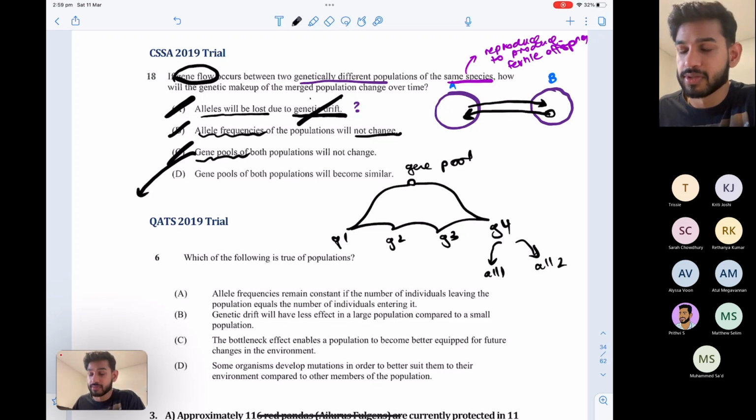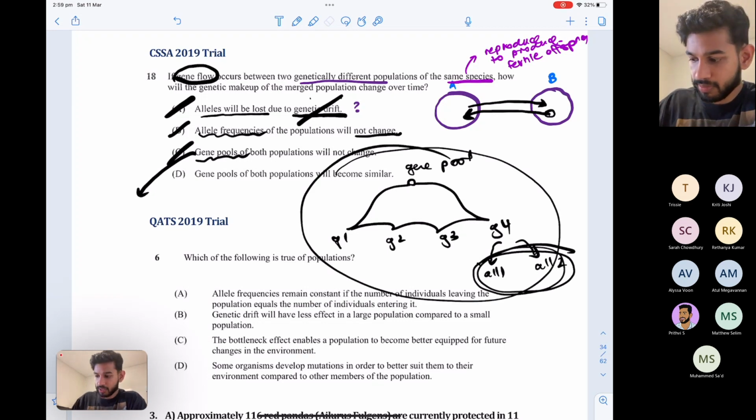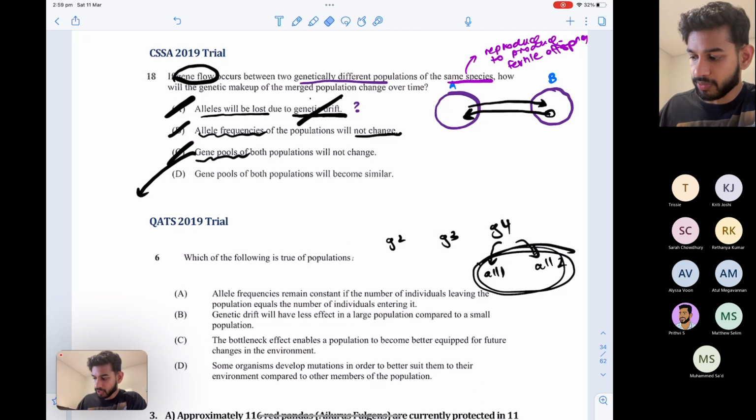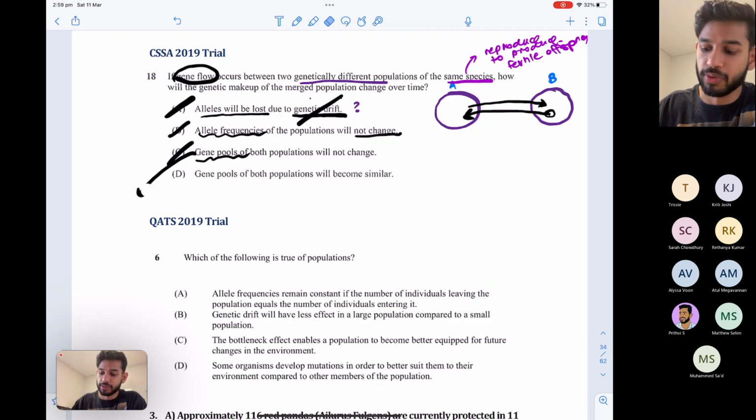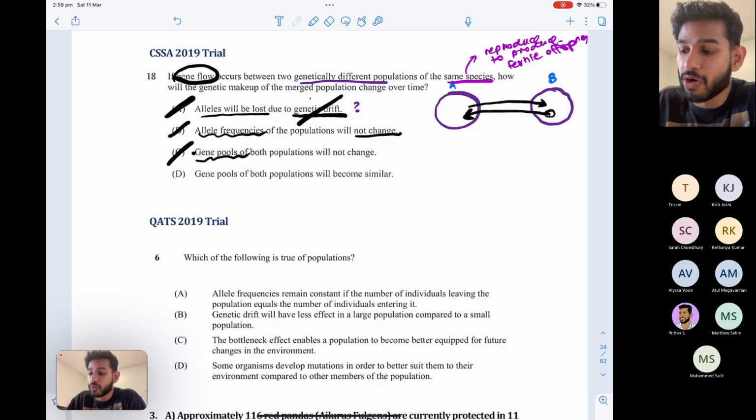In real life, there are so many alleles for one gene. But can everyone appreciate the difference between allele frequencies, which is here, and the gene pool, which is this whole thing? Good. When you change allele frequencies, you change the gene pool. So B and C are wrong. So even without thinking, I don't even have to read option D. You of course should, but I know D is the right answer.